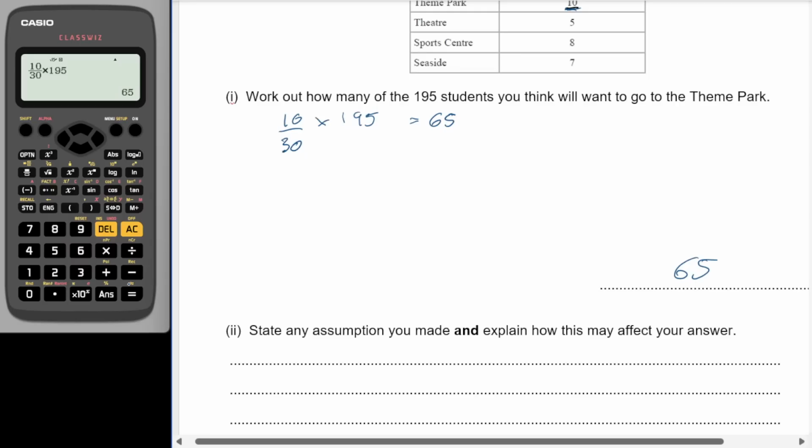State 1 assumption you made and explain how this may affect your answer. So the assumption that I've made is that the sample is representative.